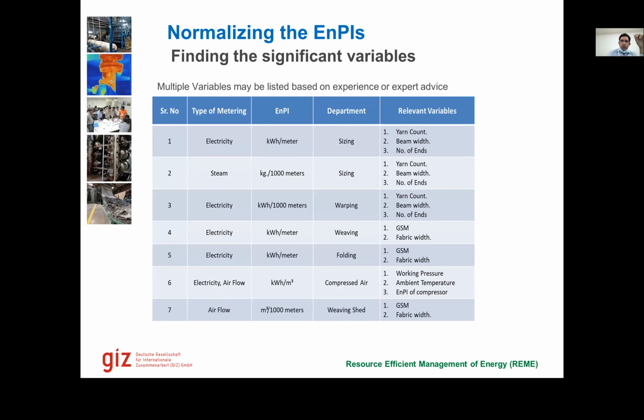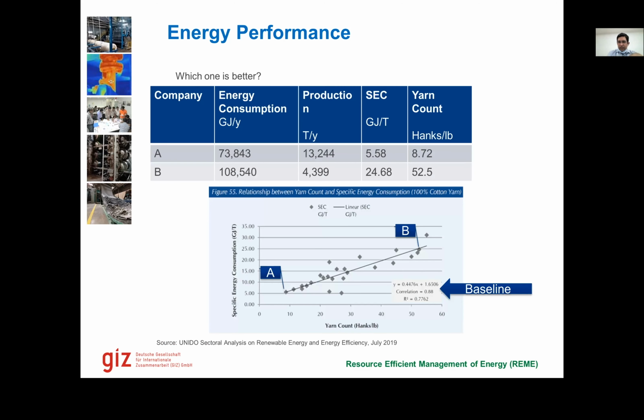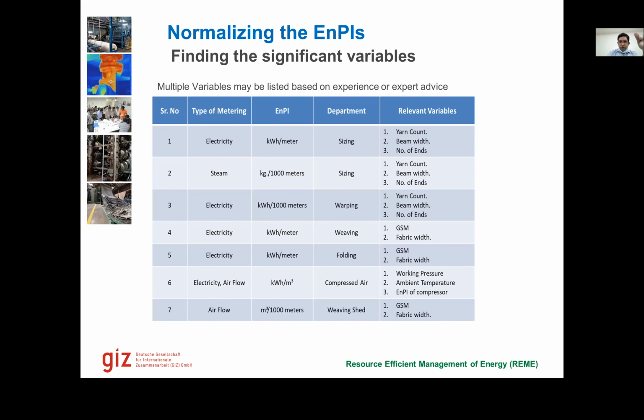It is important to first identify which are the variables that affect. As here you see in this graph, we found out that yarn count is the variable that affects energy performance. So this is an example of a weaving factory, for example, in sizing department, yarn count, width of the beam or width of the fabric, and how many number of ends do we have of this fabric. This matters.